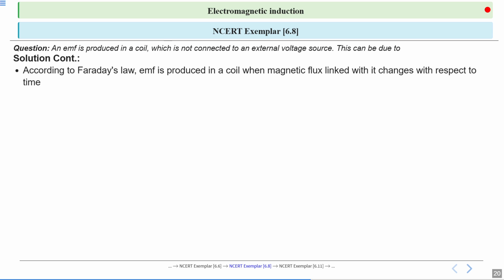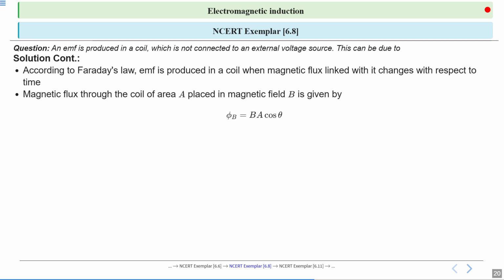So how can we change the magnetic flux? By changing the magnetic field, by changing the area which is in the magnetic field, and by changing the orientation of the coil. The magnetic flux through a coil of area A placed in a magnetic field B is given by phi B equal to BA cos theta.